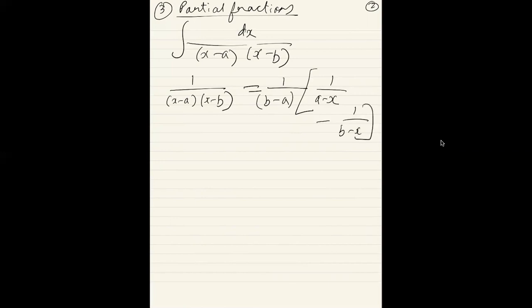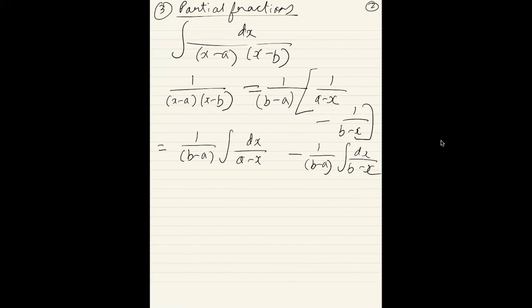So you can back calculate it and see these two things are exactly the same. But now what it does for us is to change this integral into something that looks like 1 by (b minus a) times the integral of dx by (a minus x), minus the integral of dx by (b minus x), because 1 by (b minus a) is a constant, so it comes out.